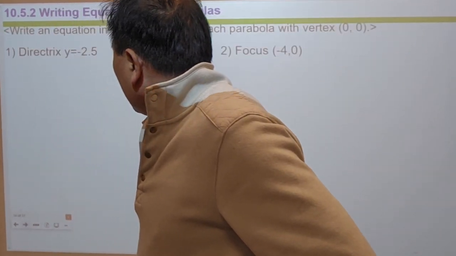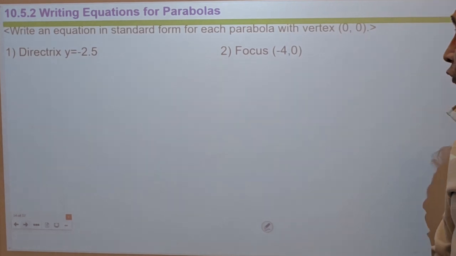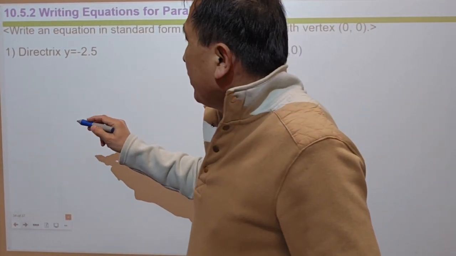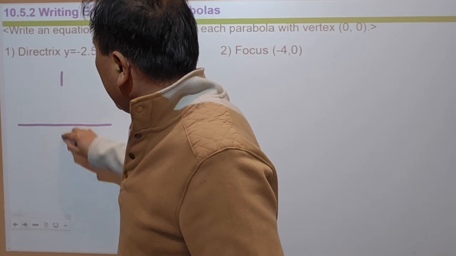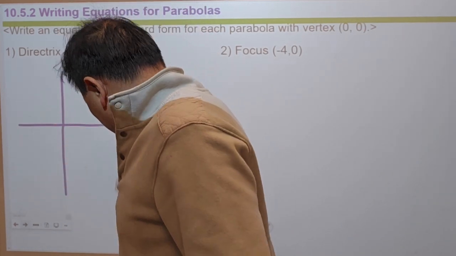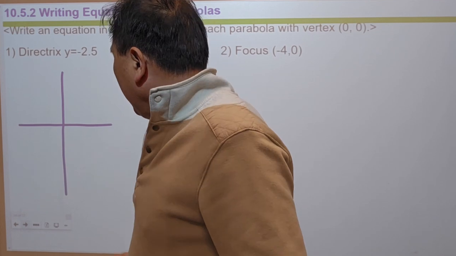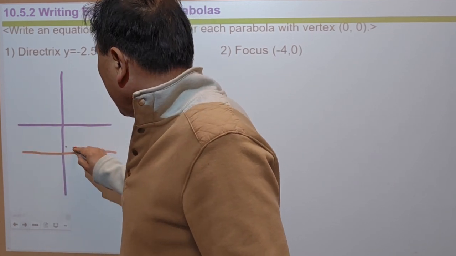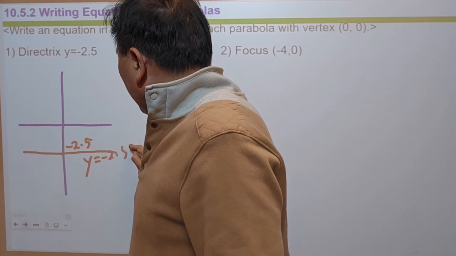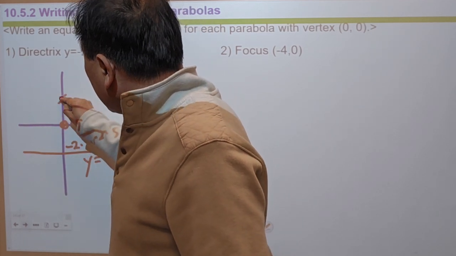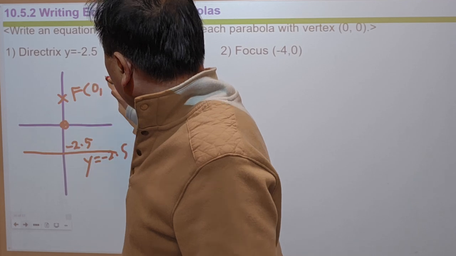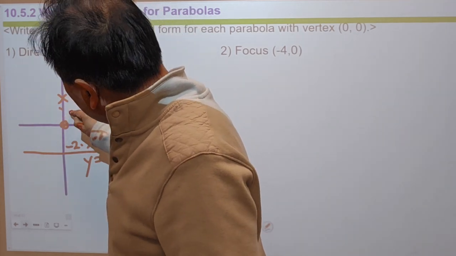Okay, let's do it with the directrix and focus only. The vertex is (0, 0), so we don't need to worry about it. Let's draw roughly, with y equals -2.5 here. The vertex is (0, 0), which means p is 2.5, because this distance should always be the same.